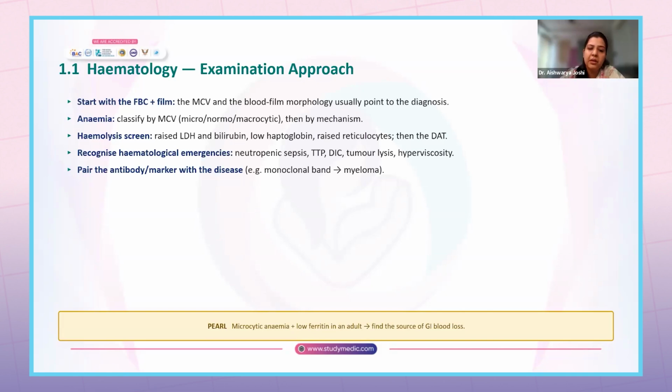Now one thing you need to remember, look at the bottom of the screen. If there is a microcytic anemia with low ferritin or low hemoglobin in anybody more than 55 years of age, find the source of GI blood loss. It has to be GI blood loss if it is anemia in an adult more than 55.